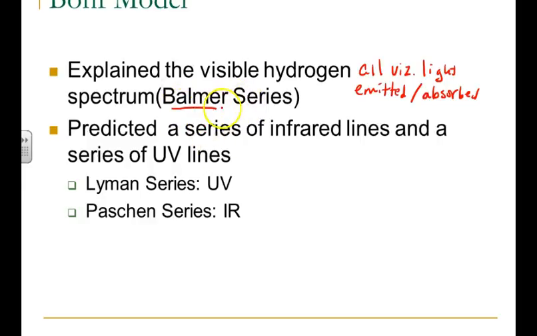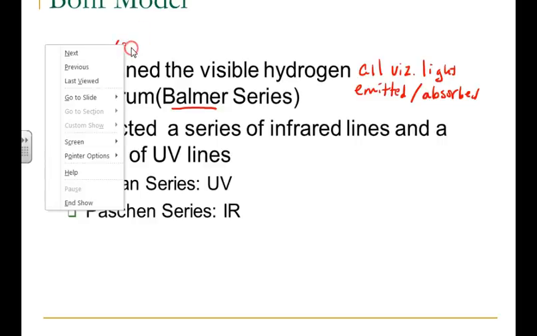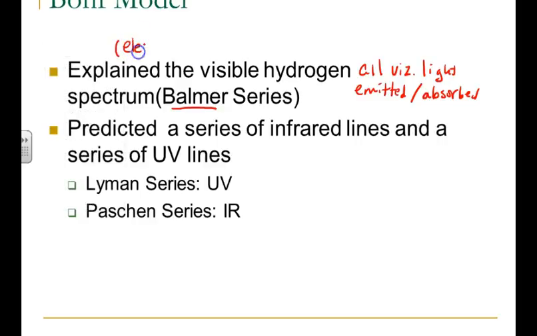And this visible spectrum, he found, always involved electron transitions from an energy level n greater than 2 down to an energy level equal to 2.